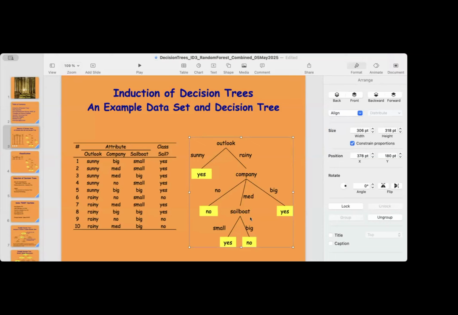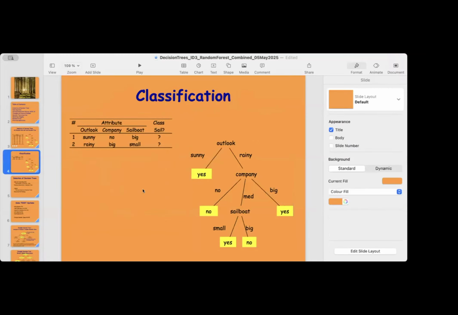So, by traversing the tree, we would get a decision support system essentially, providing us an answer what we should do. Yes, go ahead, or no, don't go into the water.